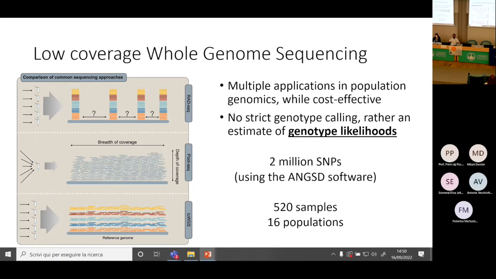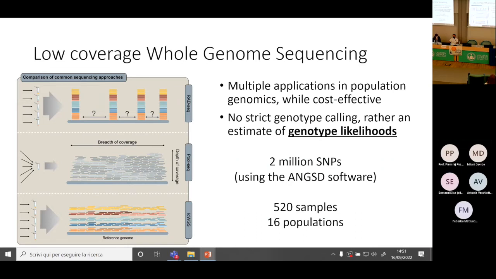Rather than having 10 or 20x at each locus, you have something much closer to 2 or 3. So you don't have strict genotype calling, but you're working with genotype likelihoods. For example, you'll have 66% for an individual at that SNP of being homozygous for that allele. So it changes a lot of the algorithms that we use.